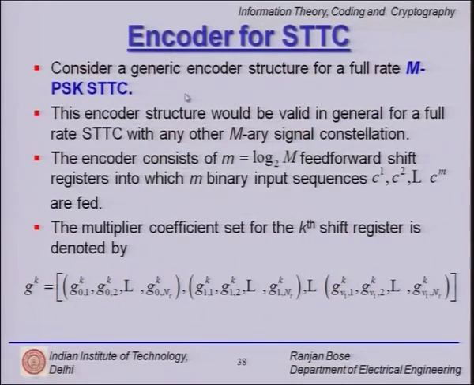So, consider a generic encoder structure for a full rate MPSK STTC, space time trellis code. What we will do is in the next slide we will look at the generic structure of this, and it will be better to start with the circuit diagram or a block diagram of this encoder first.